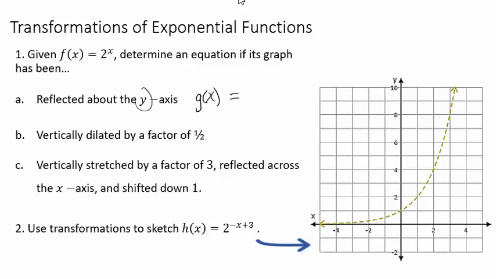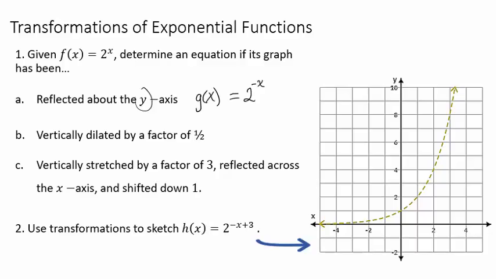But if I placed it in front, that would reflect it about the x-axis, because that would change the signs of the y values. Instead, we're going to place the negative near the x in the exponent. So 2 to the negative x will reflect the original graph about the y-axis.